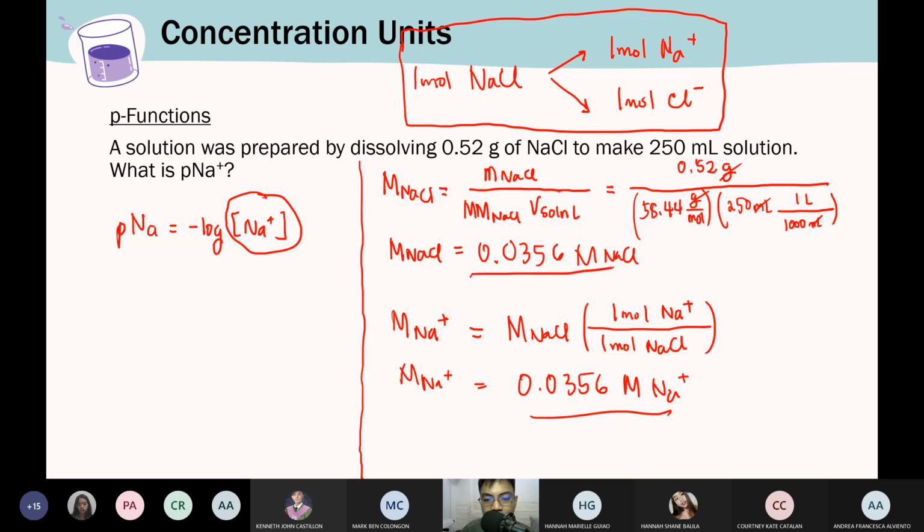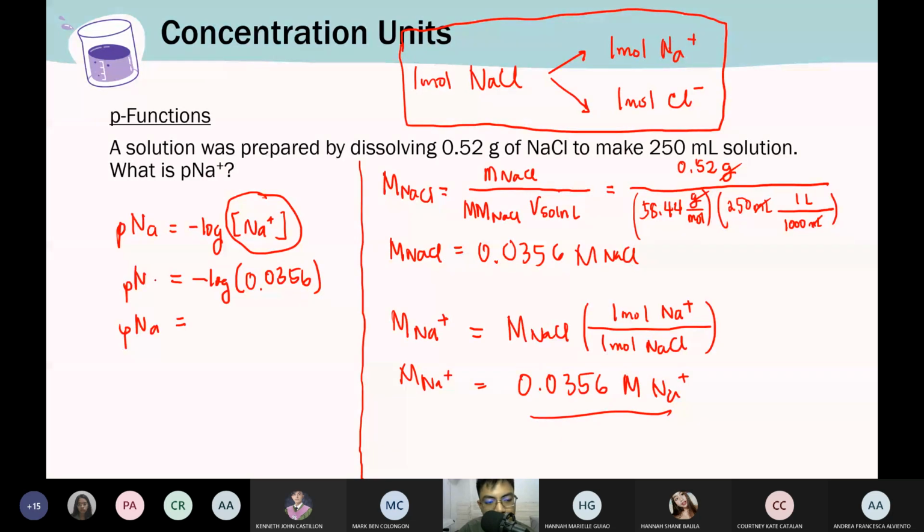So, again, not this one, because this one is NaCl. Ito, yung sodium, dapat. Okay, so solving for the P of the sodium, that's negative log of 0.0356. What's the P of the sodium?